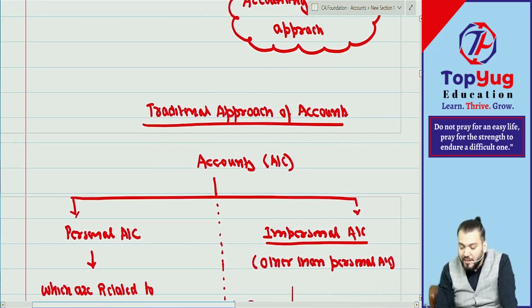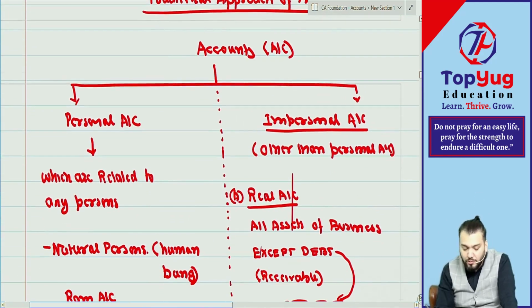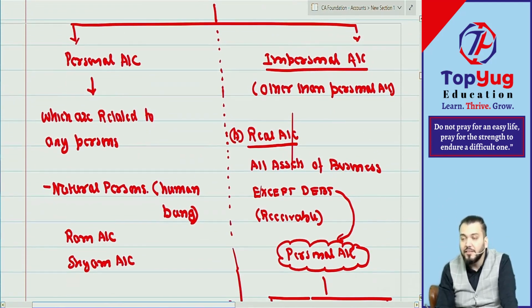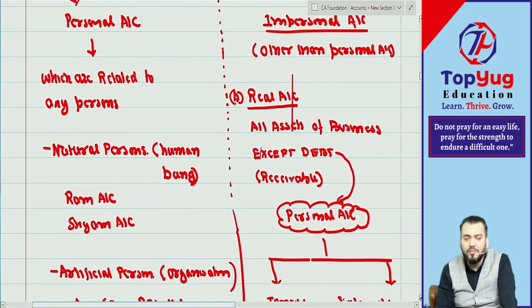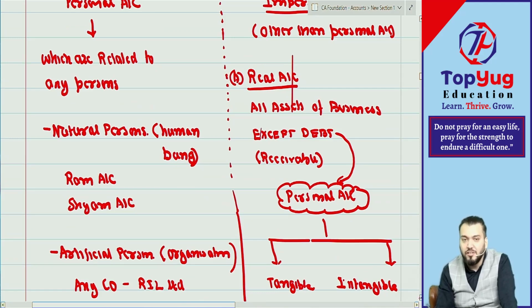So as per traditional approach, accounts are of two types. One is personal account, other is impersonal account. Personal account, you have understood, are those related to any person. Now this person can be either a natural person, an artificial person, or a representative personal account also. So representative personal account means that account which represents either a single or group of natural or artificial persons.